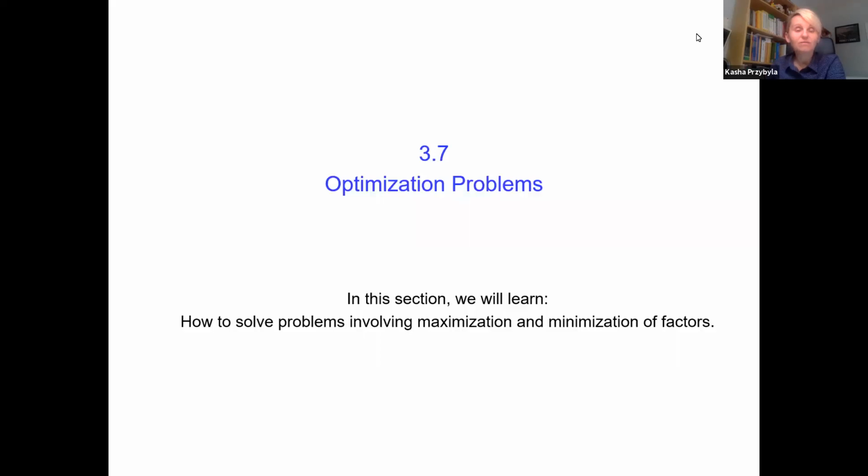We do have the last two sections in chapter 3, which we will still talk about the application of the derivatives. And today is a really nice application, optimization problems. And tomorrow we will cover the last section in chapter 3, and we will talk about anti-differentiation.